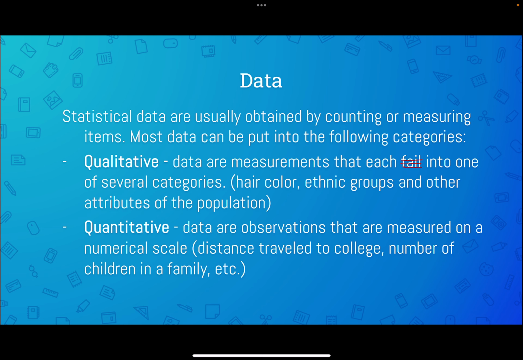For example, hair color, ethnic groups, and other attributes of the population. Quantitative data is observations that are measured on a numerical scale. So you can see the difference. Quantitative data is important because we can do a lot of mathematics with it, while qualitative is more limited.